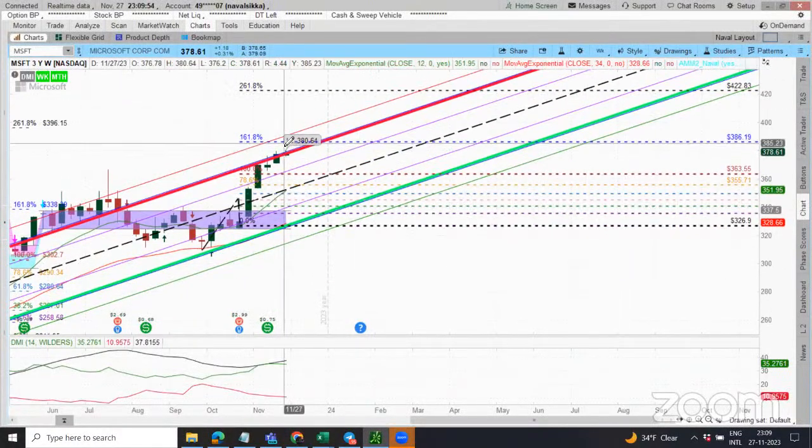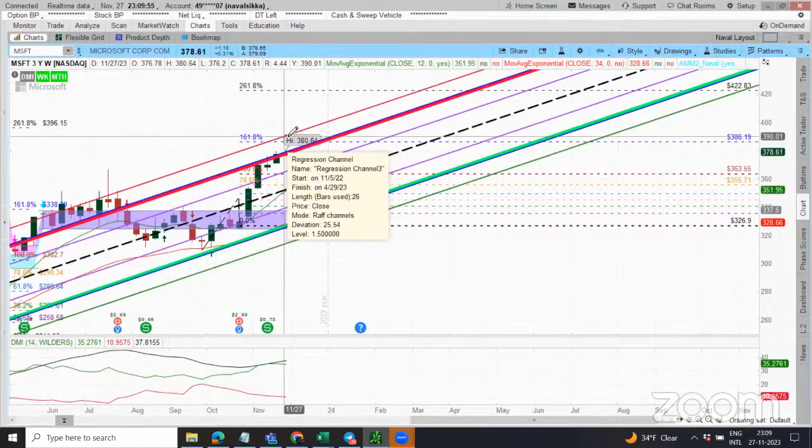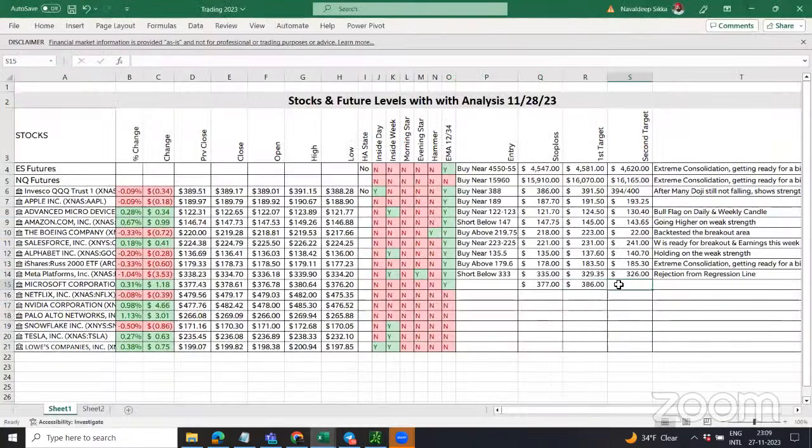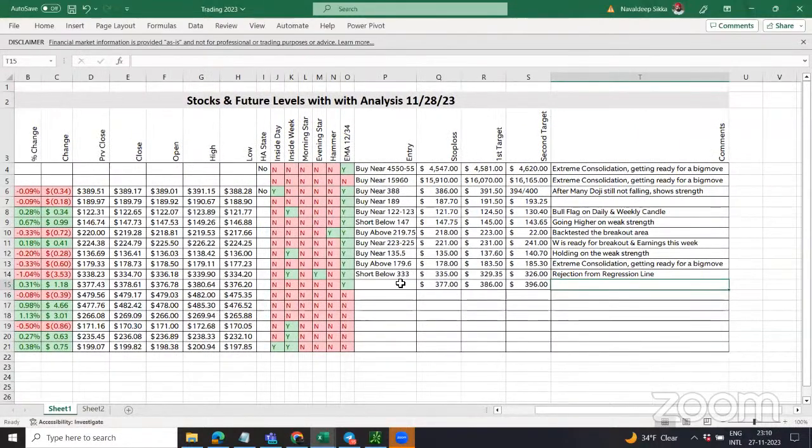Once we clear 386, then 396. Extremely solid. Buy near 378.79.